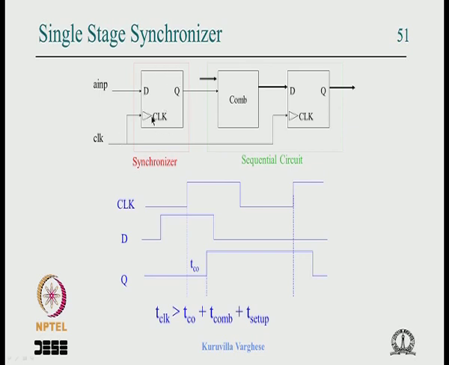Okay, now that is better than the earlier case, because we are sampling the asynchronous input at one point, but earlier it was sampled by different flip flops, and maybe some will get into metastability, some will not, some will mistrigger. It was a mess. You couldn't say what is happening at the output.